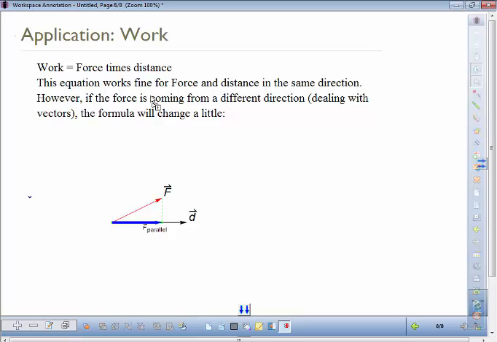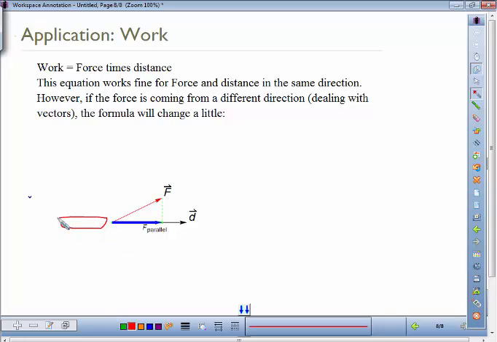When you're trying to pull a wagon, as an example, you're not pulling the wagon in a horizontal motion. You would have a handle going upward at some angle. So you exert a certain force by pulling it, and then you want it to travel a certain distance.